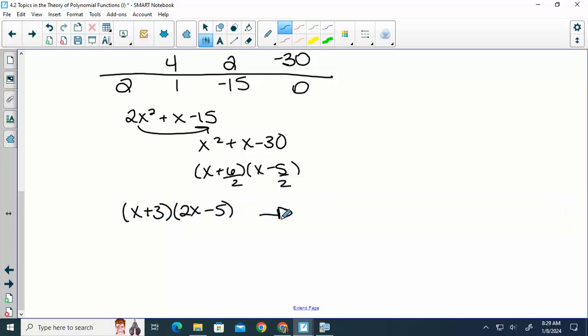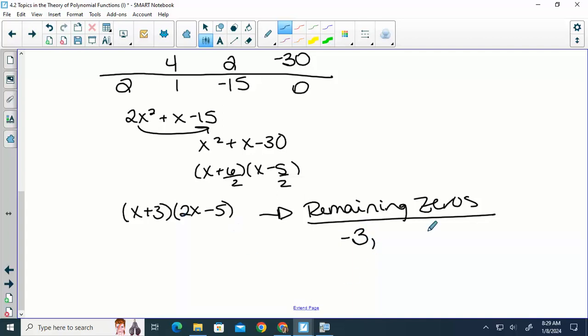But the question was, give me not the factors, the remaining zeros. Since it's remaining, I don't have to use the original one given. So you set x plus 3 equals 0, you get negative 3. If you set 2x minus 5 equals 0, you get 5 halves. Are those okay?